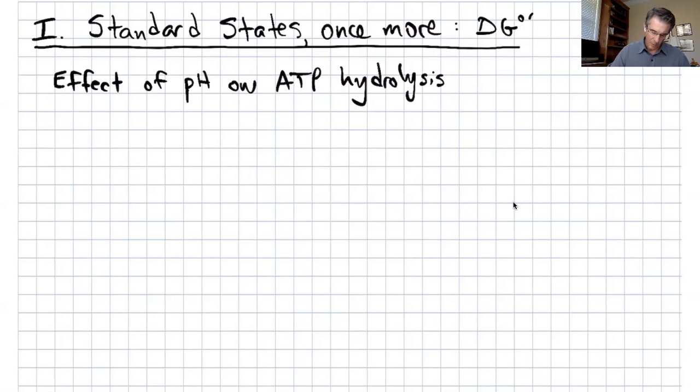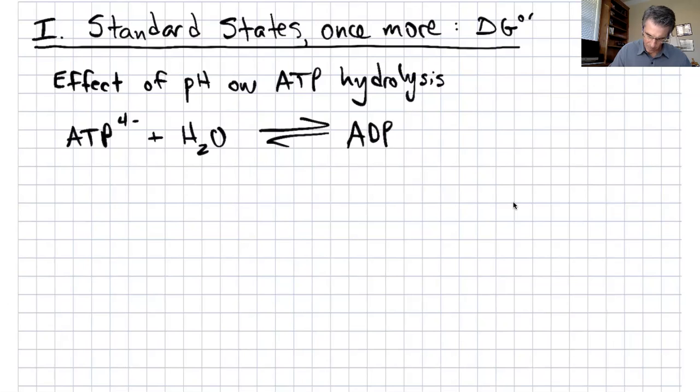So if we write out that reaction fully, it would look something like this. We'd have ATP 4 minus plus water yield ADP 3 minus plus HPO4 2 minus plus a proton, right? So we can also write out, as we saw last time, the full expression for the free energy of this reaction.